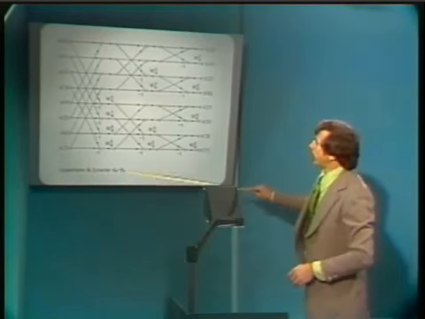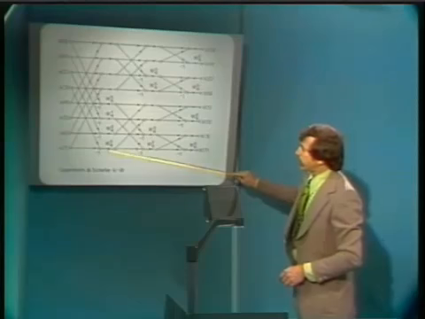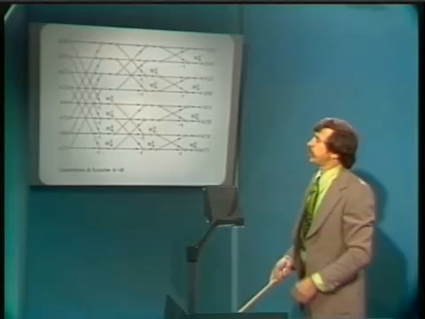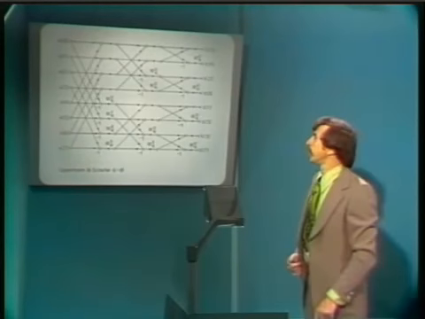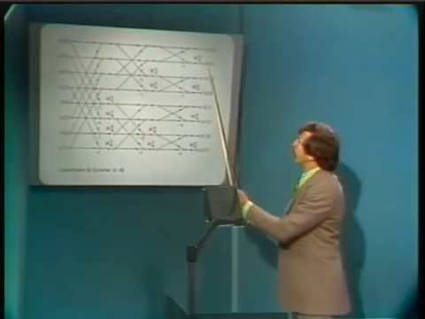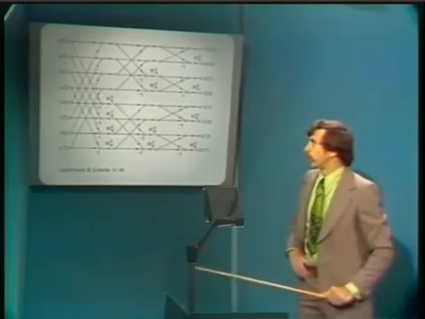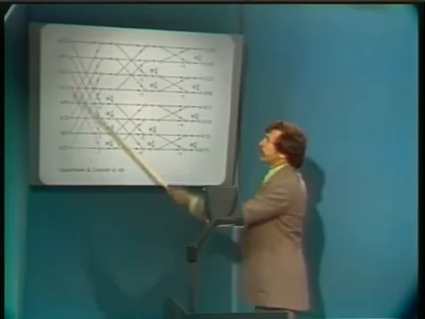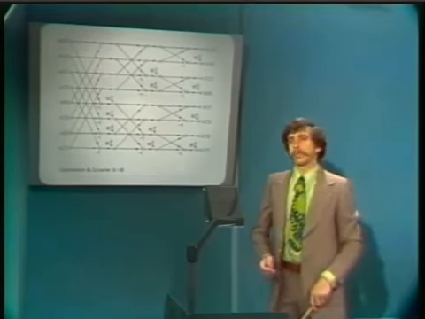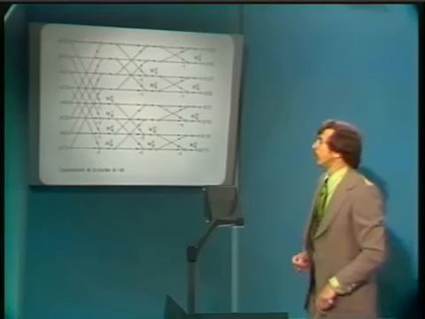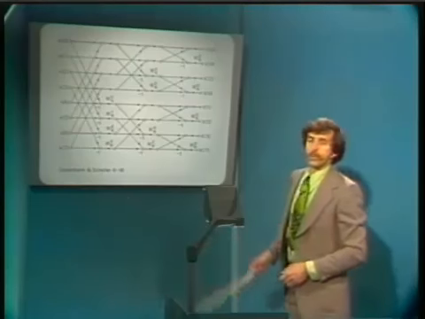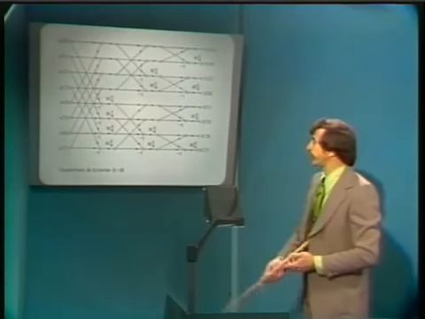All right, now just as we did with the decimation in time forms of the algorithm, we can rearrange the decimation in frequency form of the algorithm to either arrange the output to be in normal order as opposed to having the input in normal order, or rearrange it so that both the input and output are in normal order, or rearrange it, as we will, so that we can utilize sequential memory rather than random access memory.